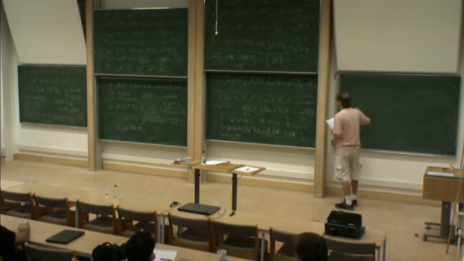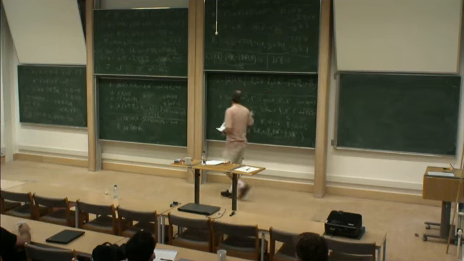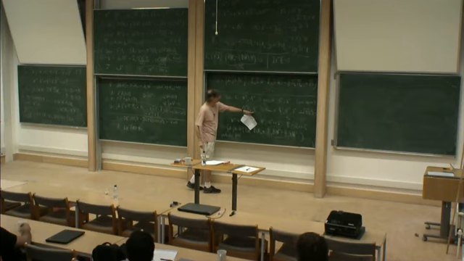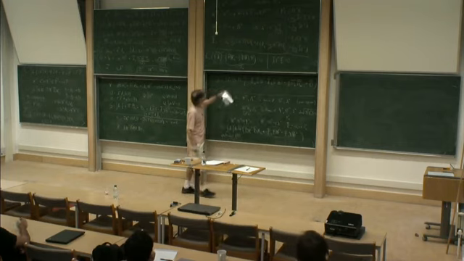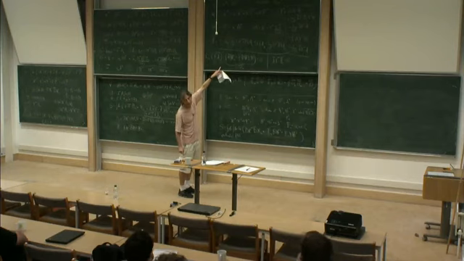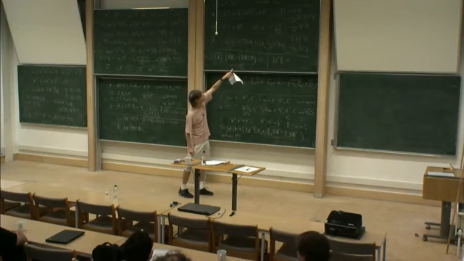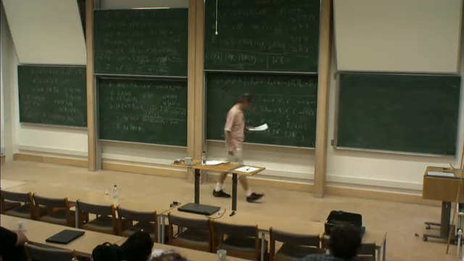The idea is that instead of using the variables to solve for capital lambda in terms of small lambda, you can think of capital lambda as being the independent variable, and you're going to use it to solve for x in terms of capital lambda.